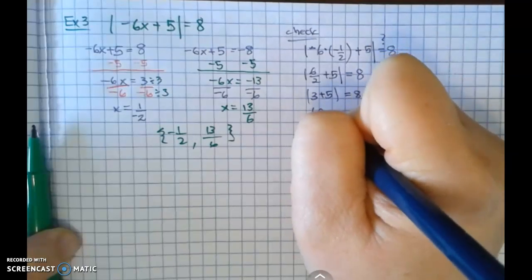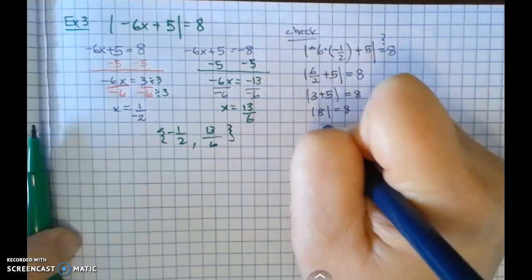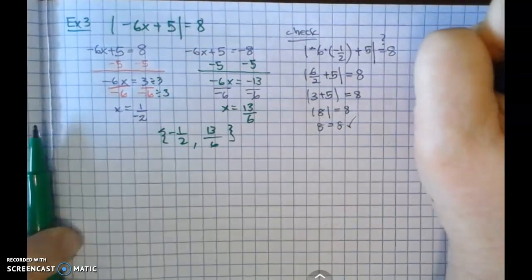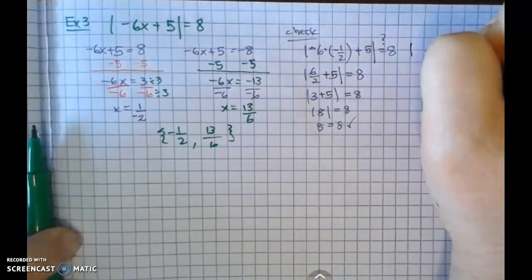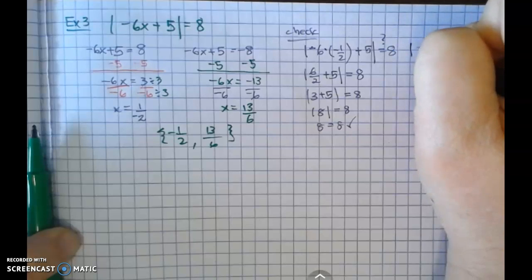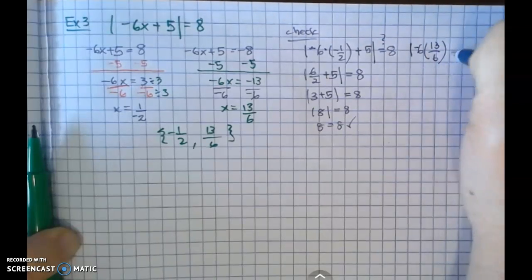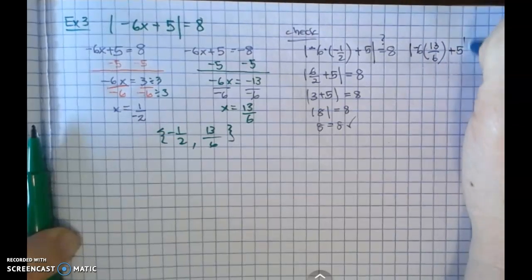The absolute value of 8 is 8. So 8 is equal to 8. That checks out.